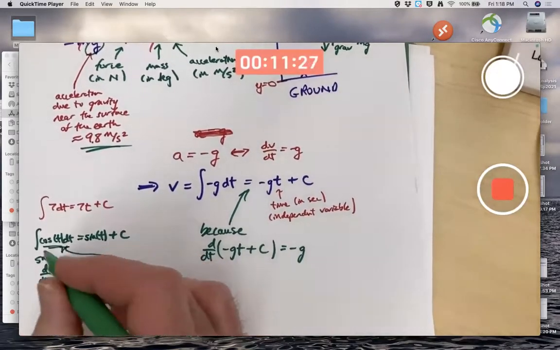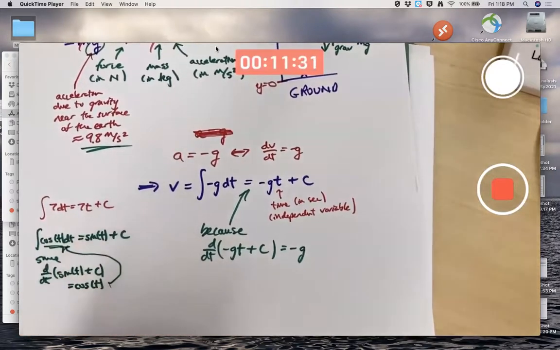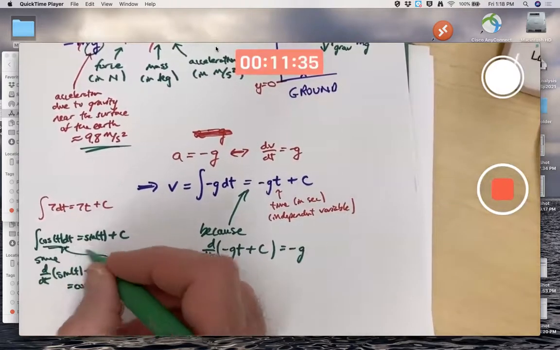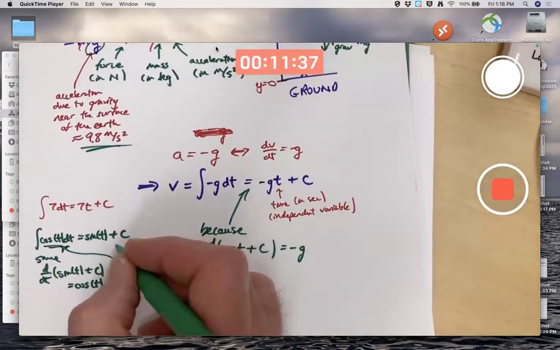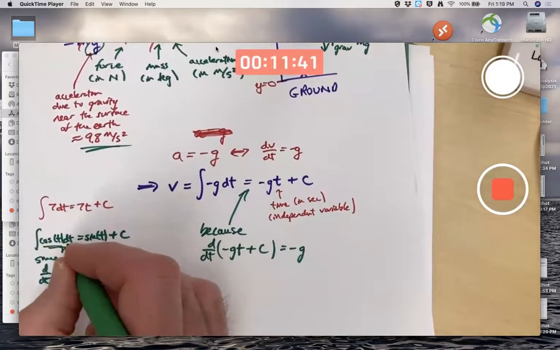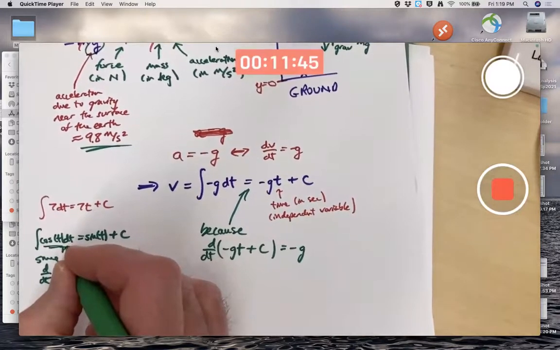Whatever function is to the right of this integral sign, this kind of elongated s, is the function you're integrating, and whatever answer you get when you differentiate it, it better equal whatever's right there. The dt just says I'm integrating with respect to t. You might wonder, why is there a d in there? I'll explain that when we get to chapter 5.